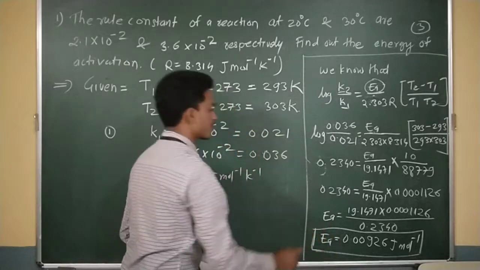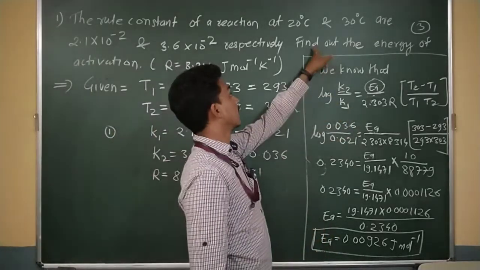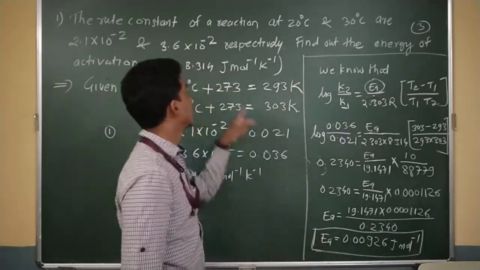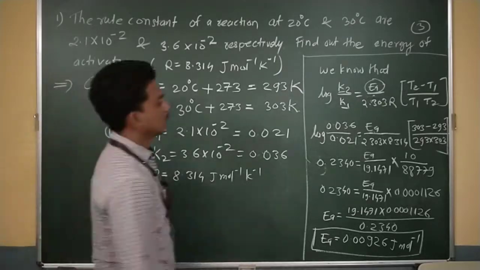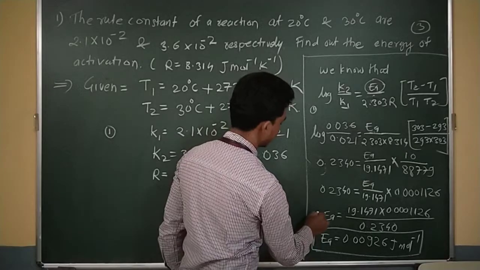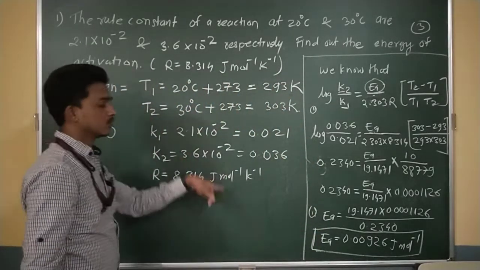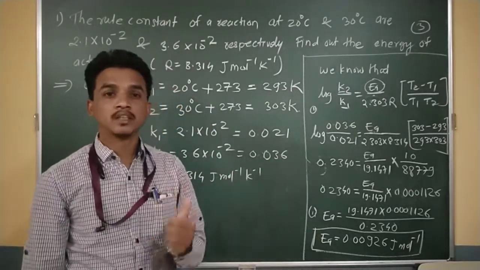This is the final value of the problem, and we have calculated the energy of activation of this reaction. So this is 1 mark, this you will get 1 mark, and this you will get 1 mark. If you solve like that, then you will get 3 marks.